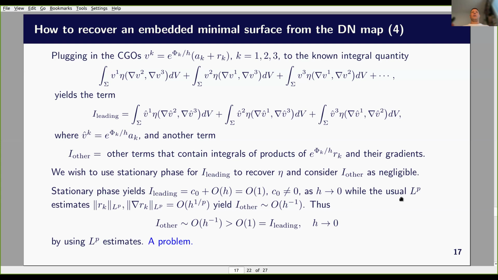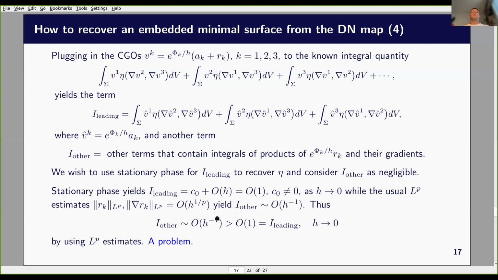Now the usual well-known L^p estimates for the correction terms R_k are actually O(h^(1/p)). So what happens is, when you plug in these L^p estimates, you will see that I_other is actually of size big O(h^(-1)). This is now a problem.